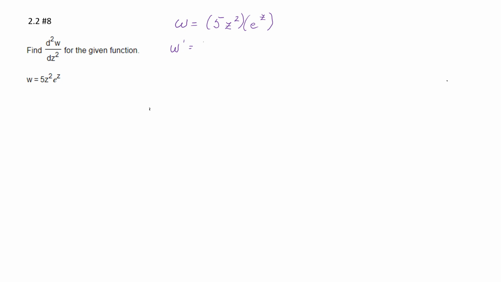So that will give us the 5 times the exponent 2 z times the second e to the z plus the first, which is 5z to the second times the derivative of the second, which is e to the z.